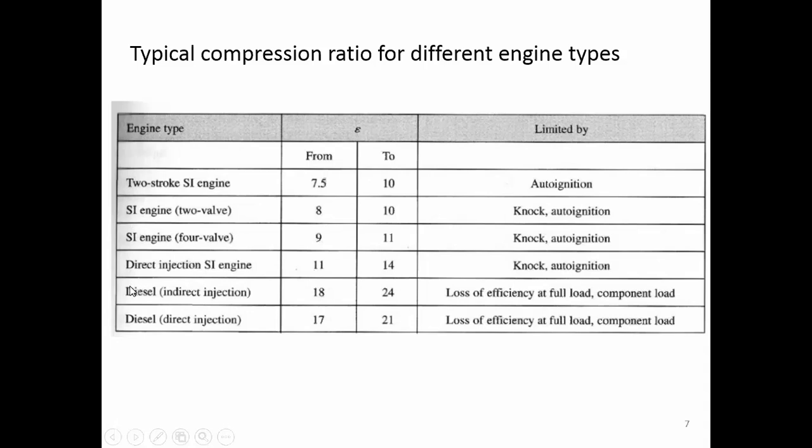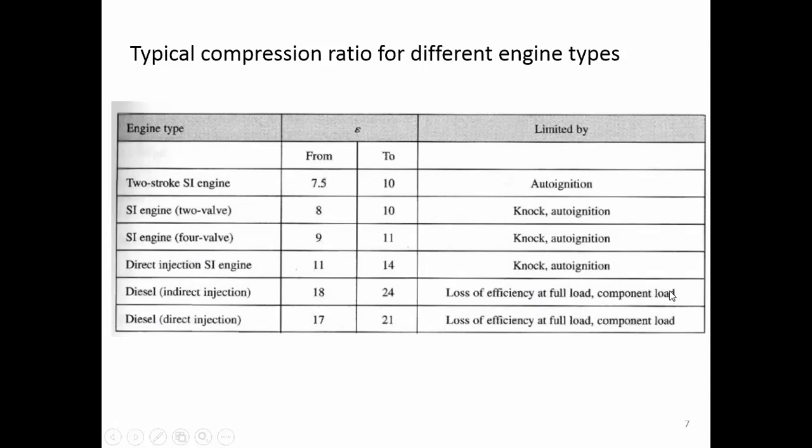Okay, and for diesel, they show you both indirect and direct. For indirect, you see, you can have a higher compression ratio than the direct injection. Okay, and if you want to go higher than this, then you have to solve this problem, the loss of efficiency at full load, and also the component load.